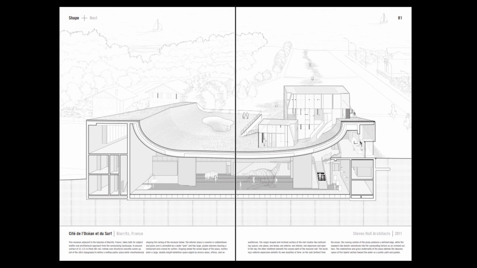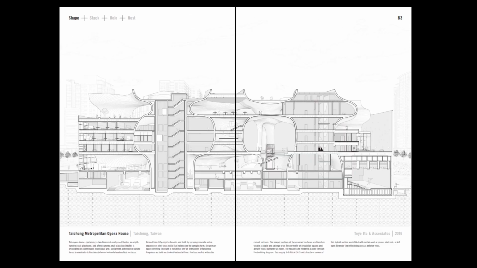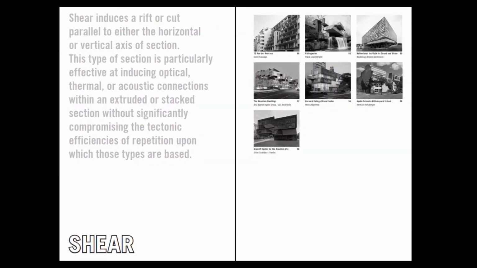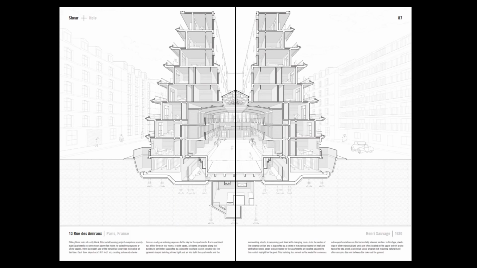Cité de l'Océan et du Surf in France. This one's pretty famous. I've seen this section many times. This is what we called back in the days, I guess, sectional perspective, which is basically a section, and then you have a one-point perspective through the building.